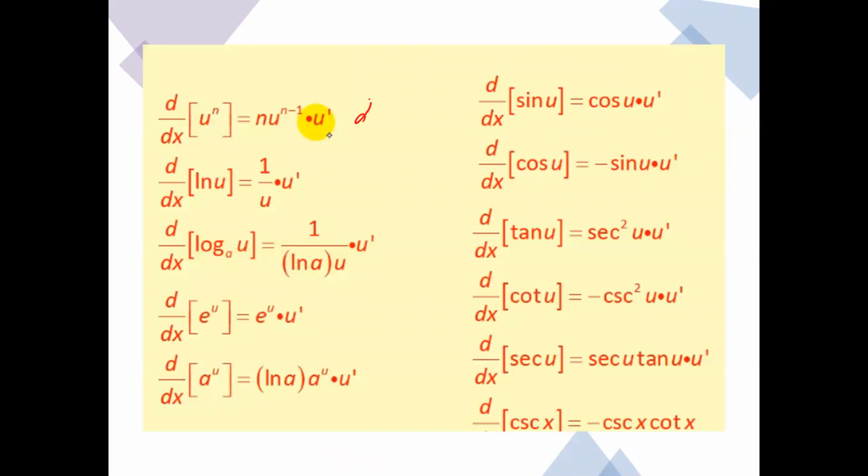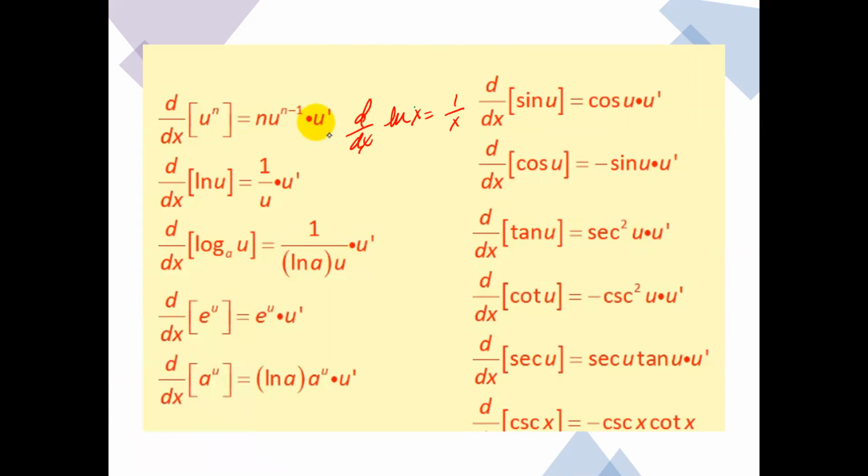All right, so if I have the derivative of ln x, and remember, it has to be just x. It cannot be anything else. Then my derivative is going to be equal to 1 over x.